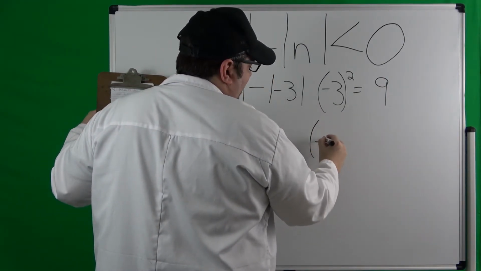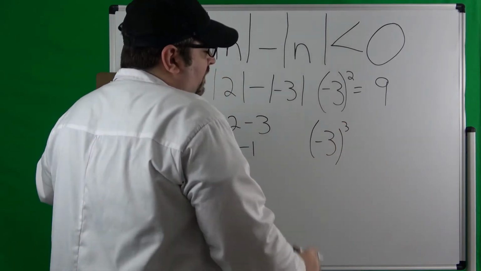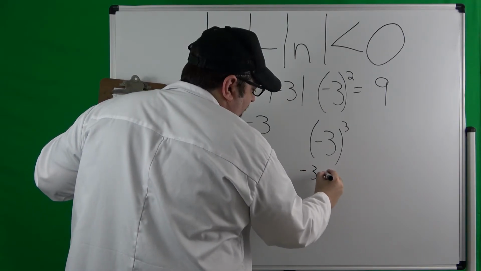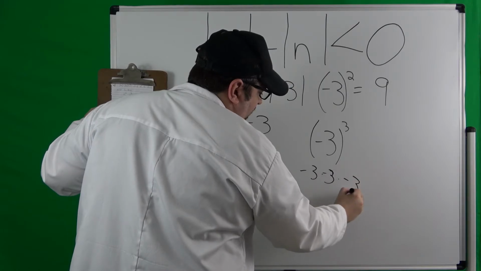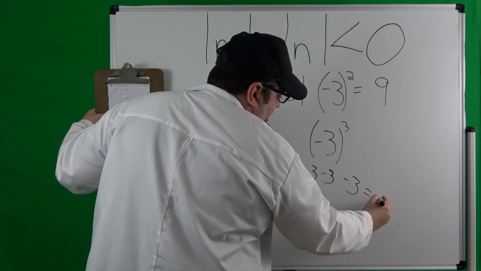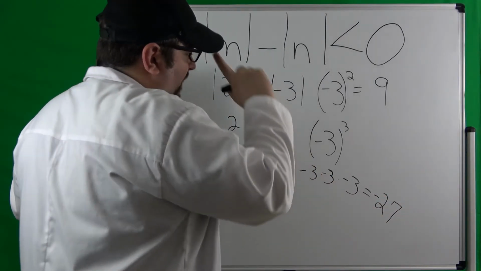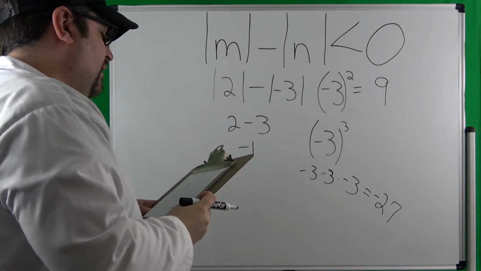However, if I had -3 cubed, that's -3 times -3 times -3. Well, that's going to equal -27. So, okay, that can stay negative.